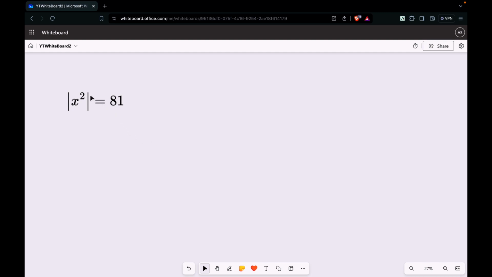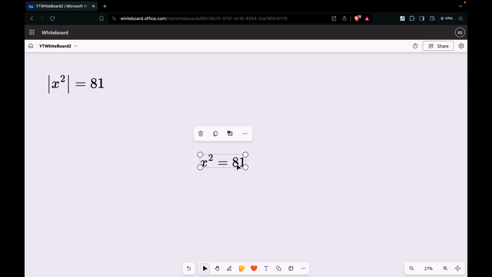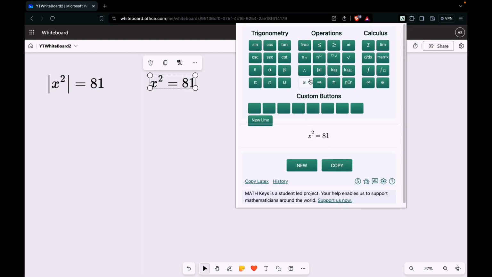It's pretty simple. Now, of course, if you have any questions, you can say it down in the comments because I know sometimes it can be confusing to newcomers, even with my tutorials. So just know that I'm there, all right? So we can turn the absolute value of x squared equals 81 into just x squared is equal to 81. It's pretty convenient, right? Very, very simple process.